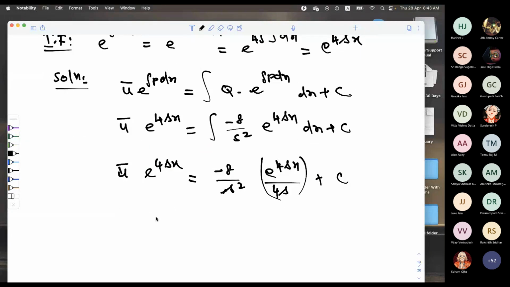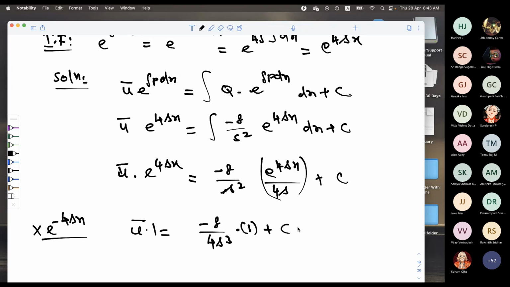Okay, then what about this u bar? If I multiply throughout the equation by e to the minus 4sx, this will become 1. Here it is 1, then this cancels. So minus 8 divided by 4s cube into 1 plus c into e raised to the power minus 4sx. Is it clear? Yes, sir.